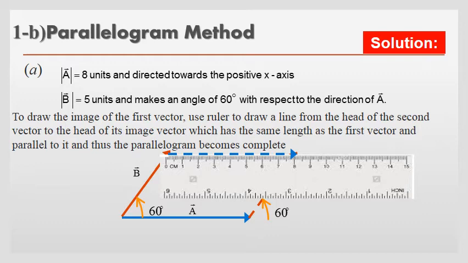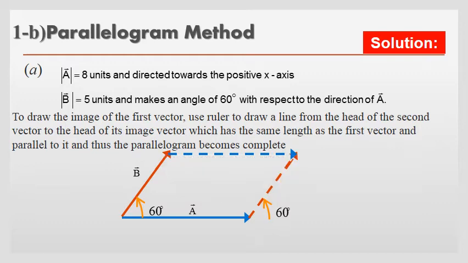Now, in such case, the final step is to draw the vector for the sum of the two vectors, and this line that represents the sum of the two vectors must start at this point where the two vectors meet and end up at this point. So this will start from this corner of the parallelogram and end up at the other end of the parallelogram.